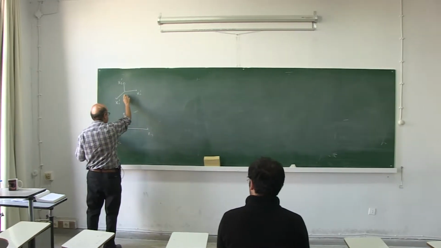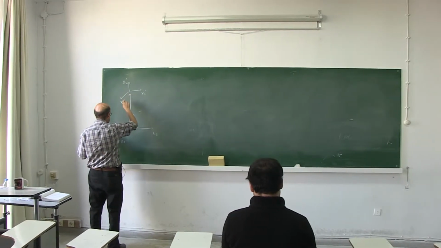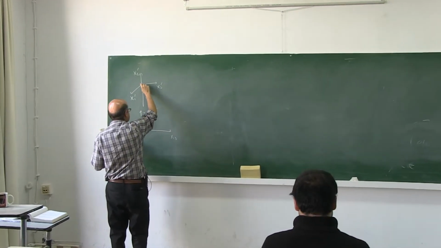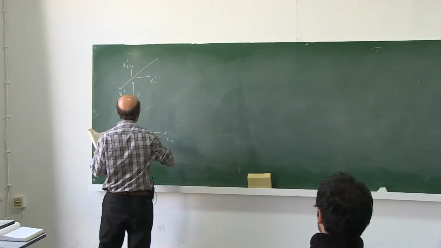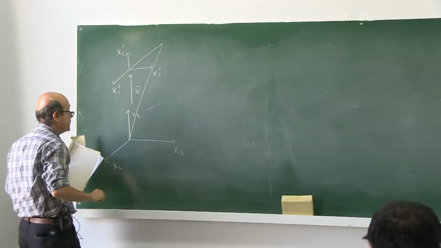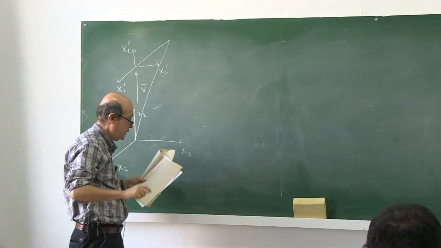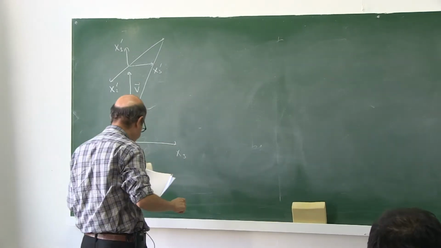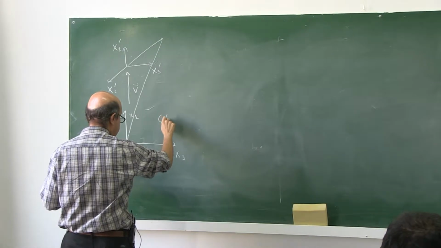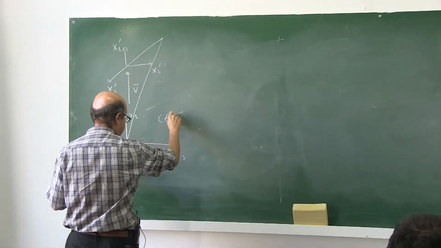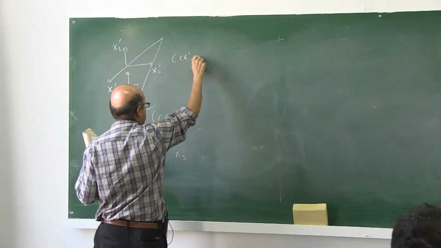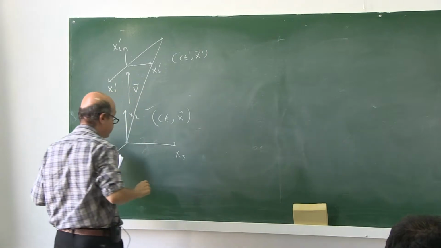Let's say that the frame is moving relative to the other one with constant velocity along x1, and the observers see the same point. So they have different space and time coordinates: for this one we have ct and three-dimensional x, and for that one we have ct prime and three-dimensional x prime.